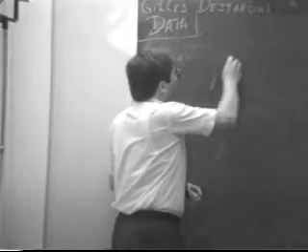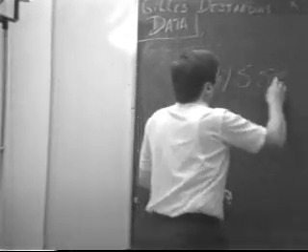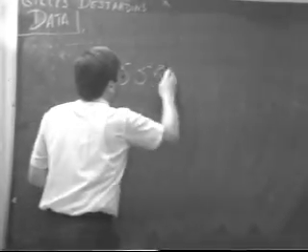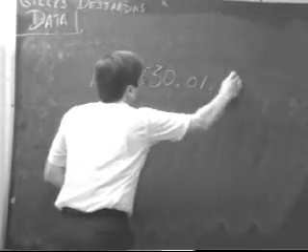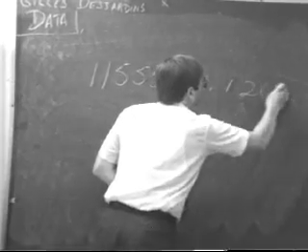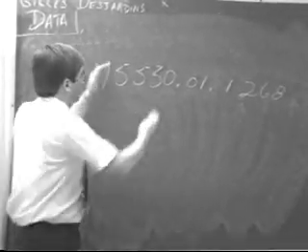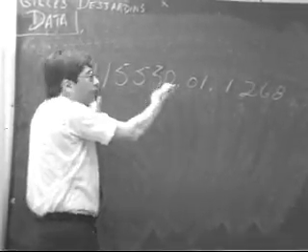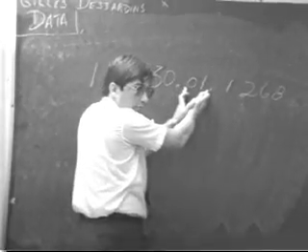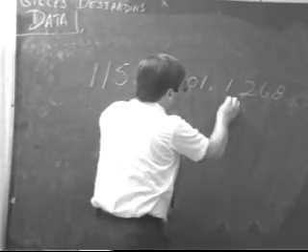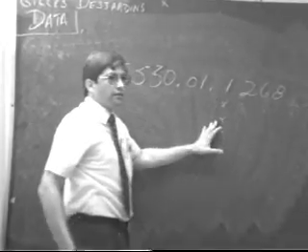Now, are you familiar with the CAE numbering system? Okay, so you realize that most of the time, let's say we have 115.530.011268. Just a little refresher. Of course, this is the CSS, for instance. This is the tab number. These numbers here will mean something.